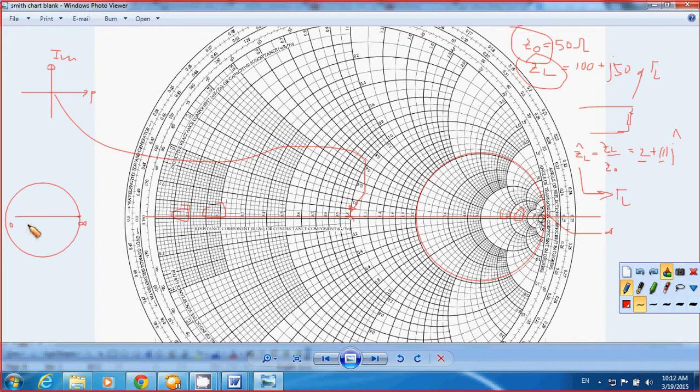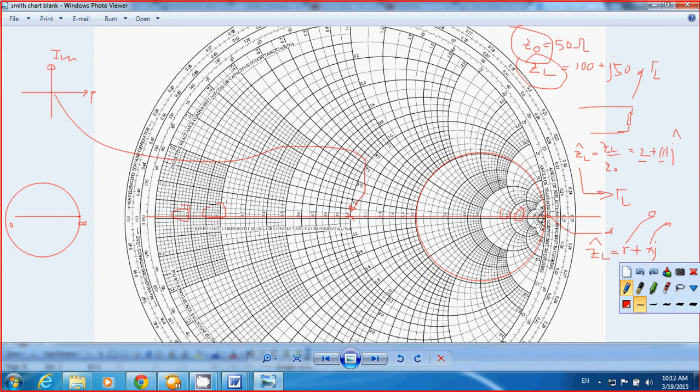And then if I write this down to be ZL, this also can be a complex number. If I write this down to be R plus jX, this is the real part, or resistance, and this is the imaginary part.